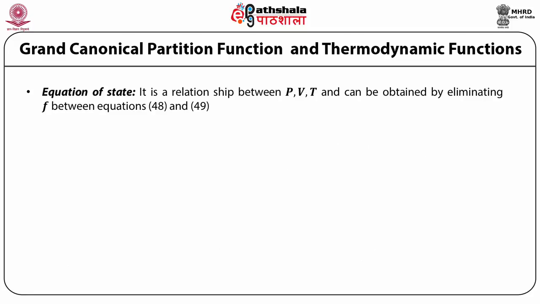Equation of state. It is a relationship between P, V and T and can be obtained by eliminating F between equations 48 and 49.